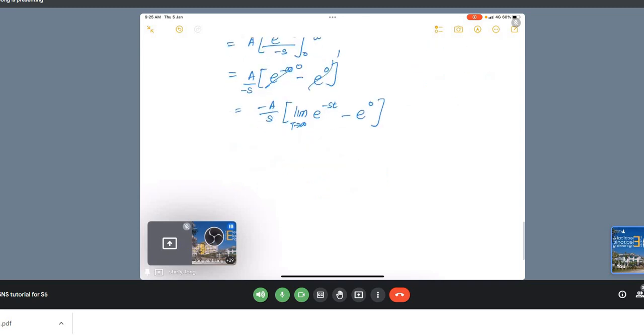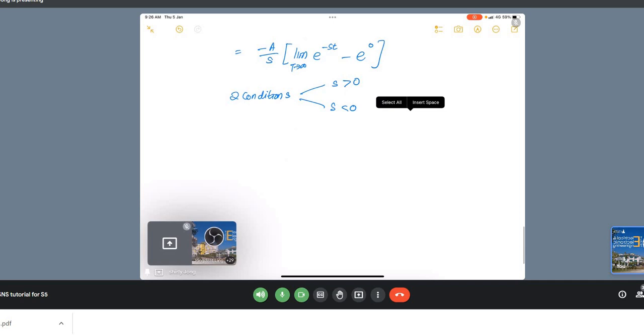Okay, so next we have two conditions. The first one is s, we need to test s more than 0 or s less than 0. So we need to test it first. If s less than 0, what will happen?